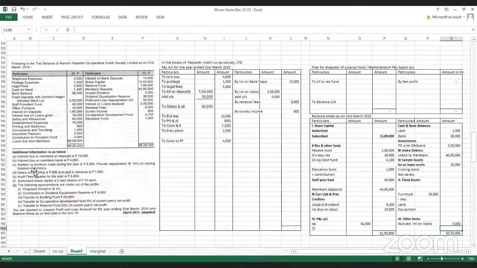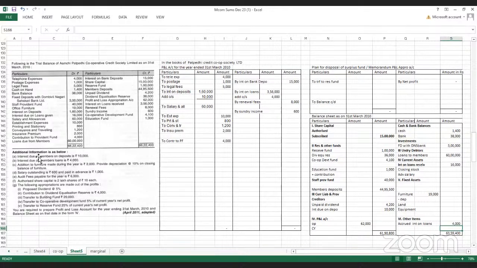Next, addition to furniture made during the year is 2,000. Provide depreciation at 10% on the closing balance of furniture. Okay, students, just pay attention. This is important. Whenever they tell you that during the year furniture was added, but they don't mention that it is not recorded, it means that value is already added to the trial balance value. They are just informing that during the year furniture worth 2,000 was purchased.